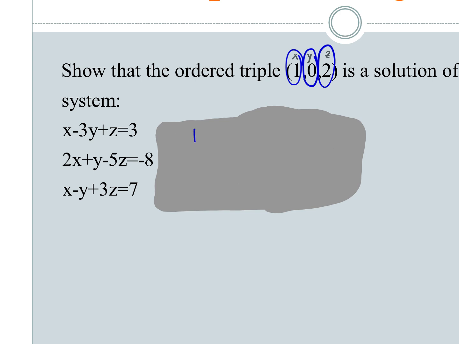So I have 1 minus 3 times 0 plus z would be 2 equals 3. When we work this out, we get 1. Negative 3 times 0 would just be 0, so that goes away. 1 plus 2 equals 3. So 3 equals 3. Is this true? 3. Yes, so it works out in the first one.